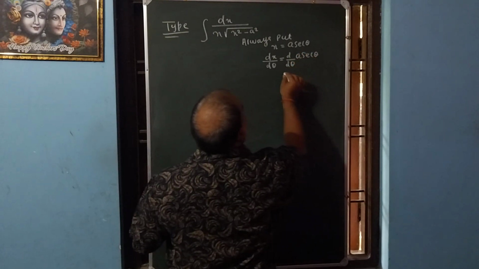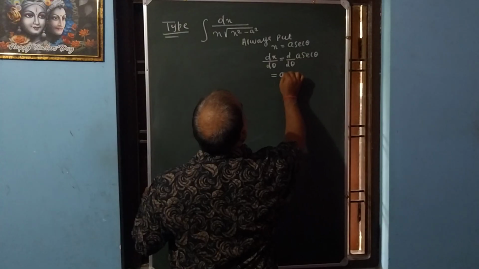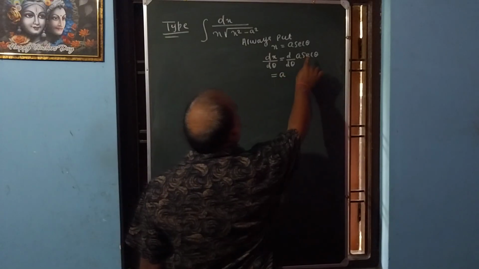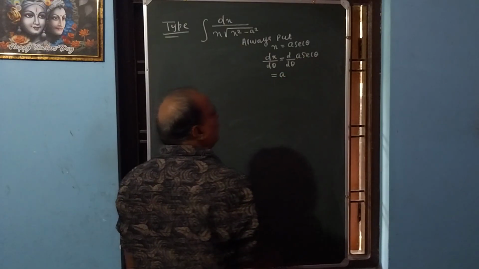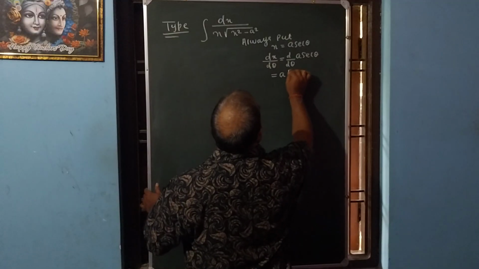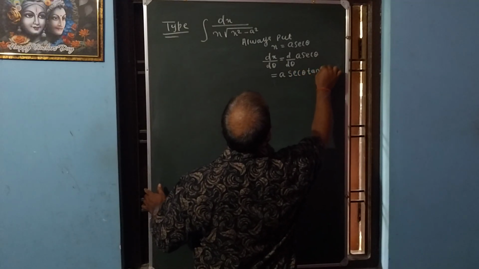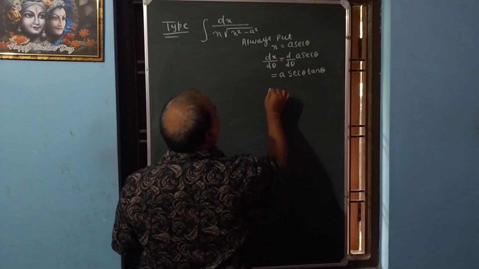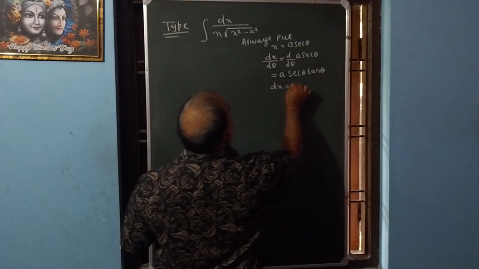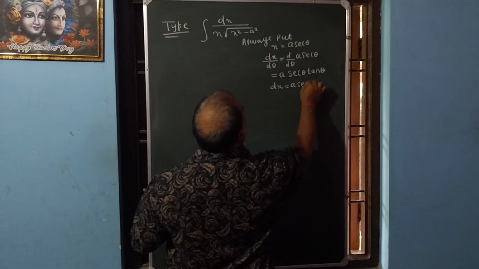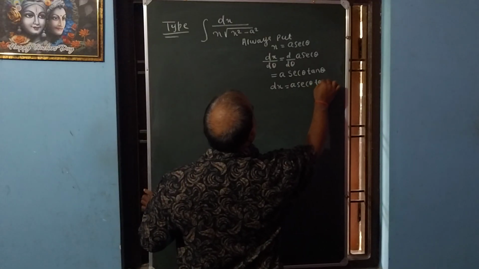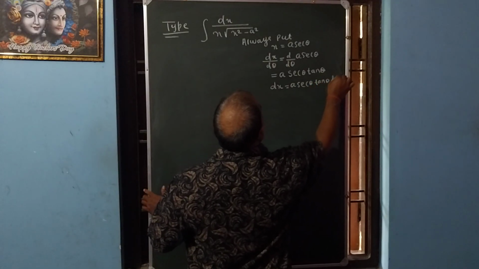A is a constant, that will come outside of the derivative. You know that the derivative of sec theta is equal to sec theta into tan theta. So dx is equal to a sec theta tan theta d theta.